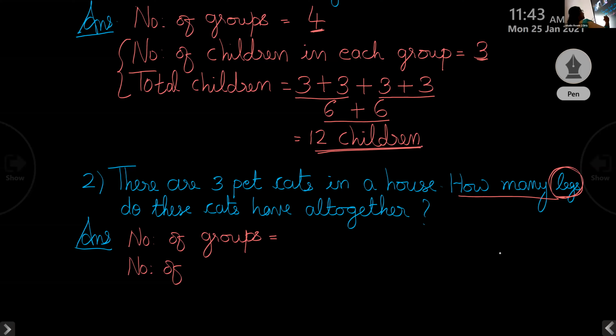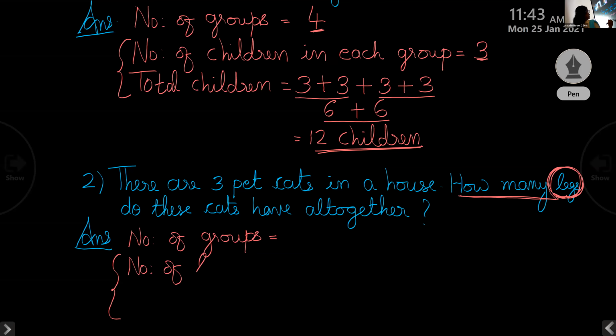See, first one is number of groups. Second statement, read the question properly. It is written how many legs. So you have to find out the number of legs. So second and third statement should be related to legs.